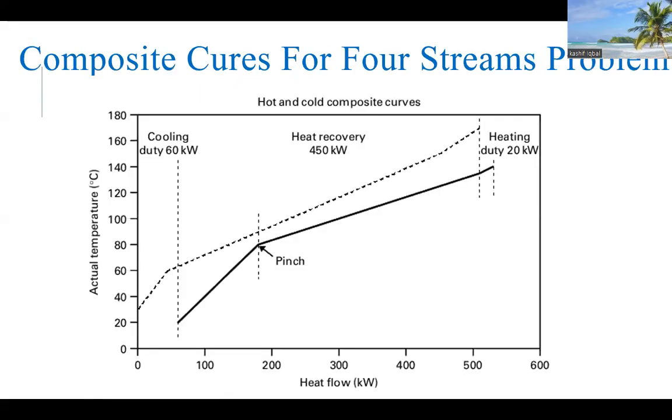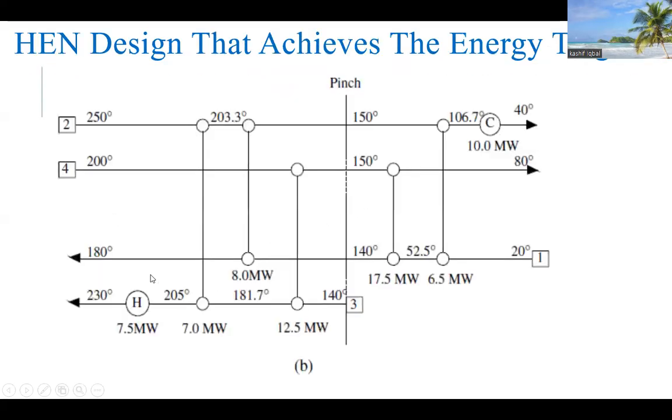So finally, the pinch analysis has the two streams, hot and cold stream, and this is the pinch point. Above the pinch, this is the region where heat can be transferred, and below the pinch is where the heat can be transferred. And this is the heating utility for the whole system, and this is the cold utility for the whole system.